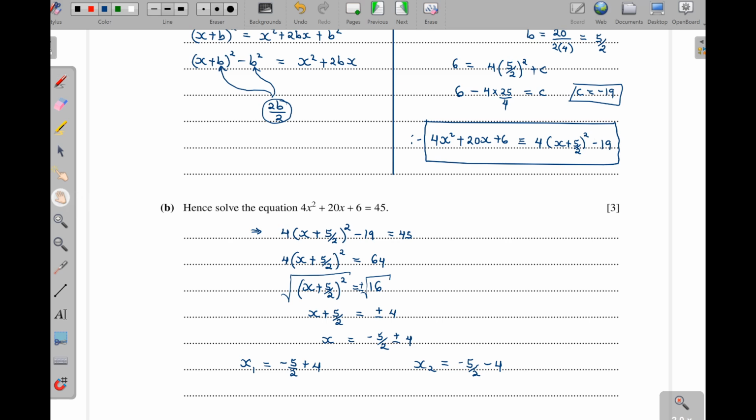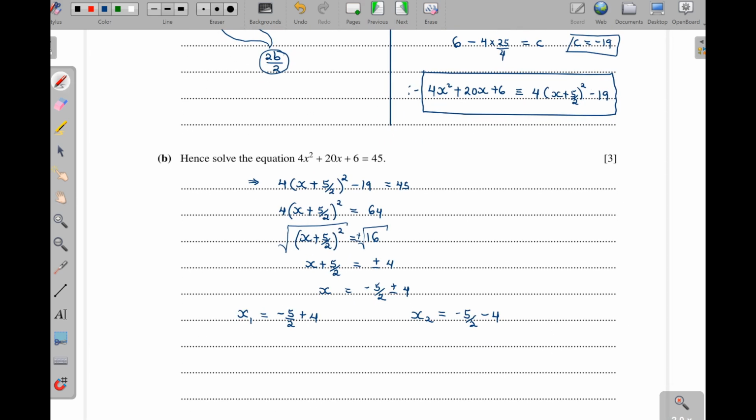So which values are we getting here? Here x is going to be 2 times 4, that is 8. Then 8 minus 5, that will be 3. So we get 3 over 2. Even when you use the quadratic formula, this is what you are going to get. But remember, they said what? Hence.